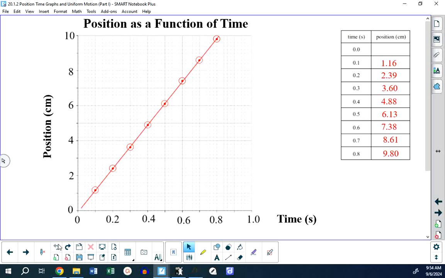You need to construct a triangle on this graph by picking 2 points on the line that are nicely readable, which makes it easier for you, that are reasonably far apart, and that are not data points. You're not allowed to choose data points. So I'm choosing these 2 points that I've put little blue lines on. Those are the points that I chose.